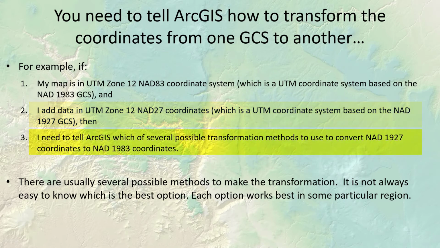So you need to tell ArcGIS which of several possible methods to use to convert between NAD 27 and NAD 83. And there's usually several options to choose from. It's not always easy to know which is the best option. And like I said, each option works better in some particular region. So here's how you do it.